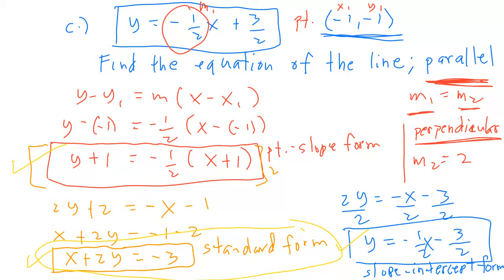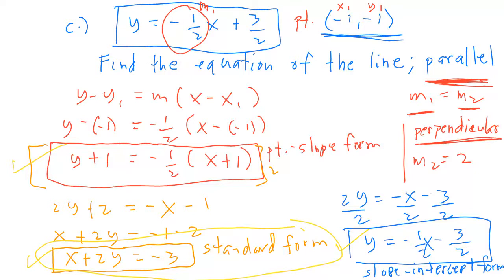So it should be negative, right? So we missed the negative sign. It should be pointing downward because the slope is negative. As you can see from the graph, it's true.